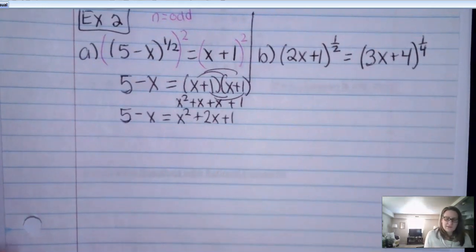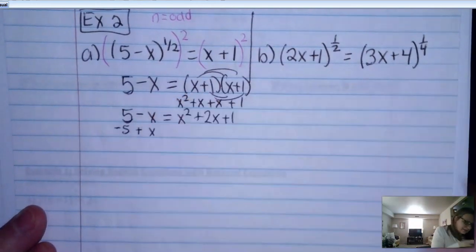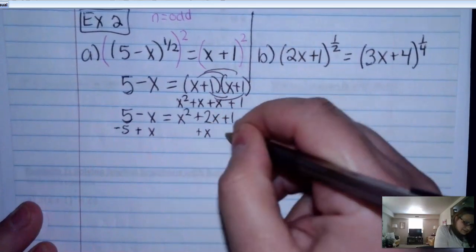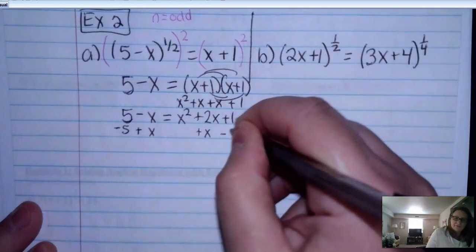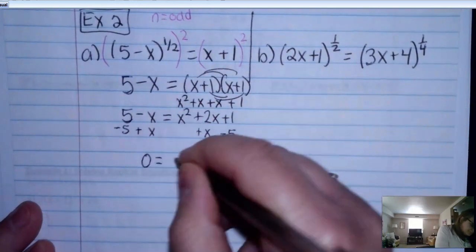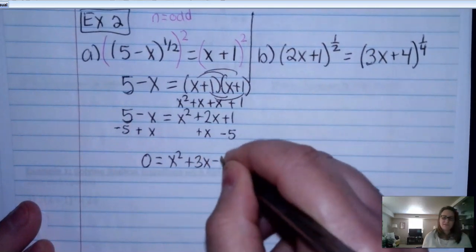We do want to set this equal to 0, and I would really suggest keep your squared term positive. So to do that, I'm going to subtract 5 and add x, and I'll just line those up. So I'm going to add x to the 2x here, and I'm going to subtract 5 from the 1. So we would end up with 0, and then x squared plus 3x minus 4.